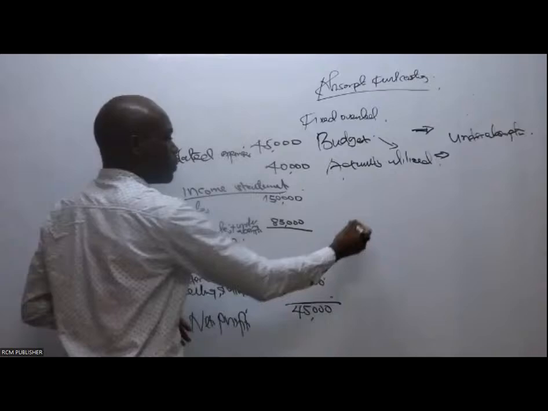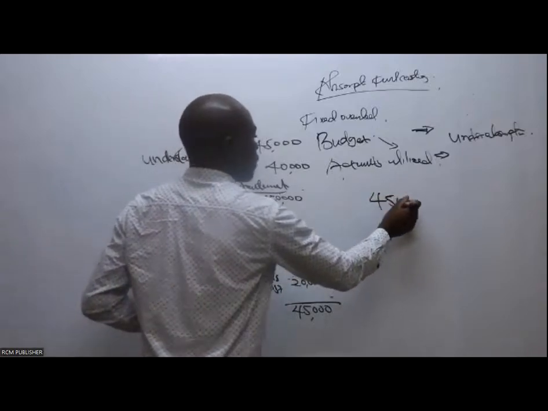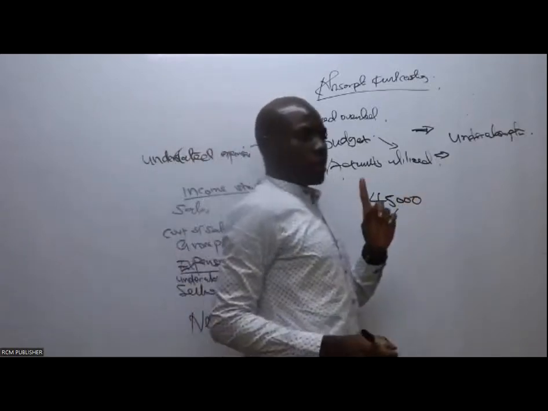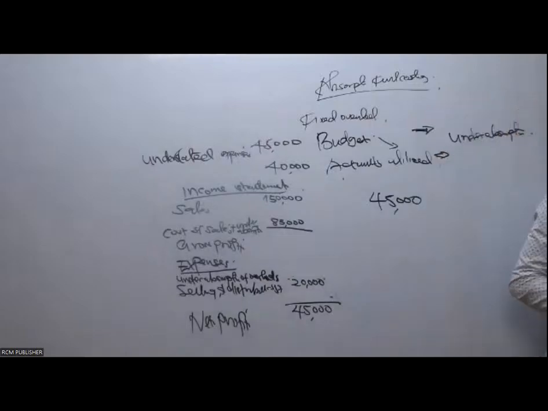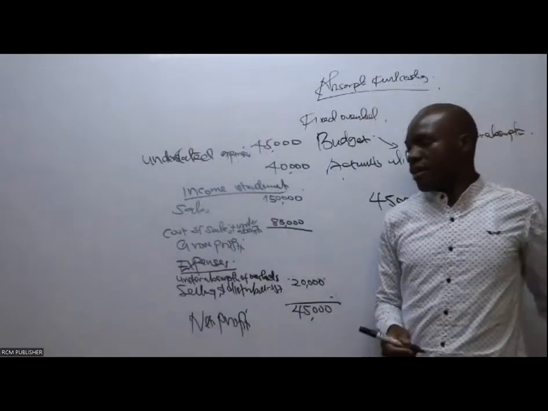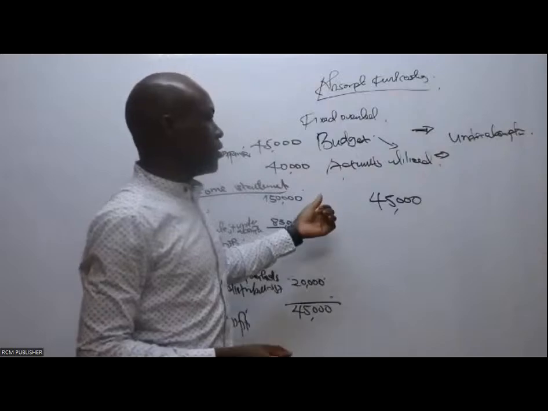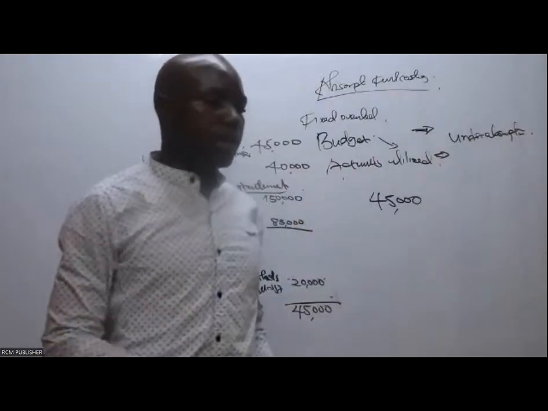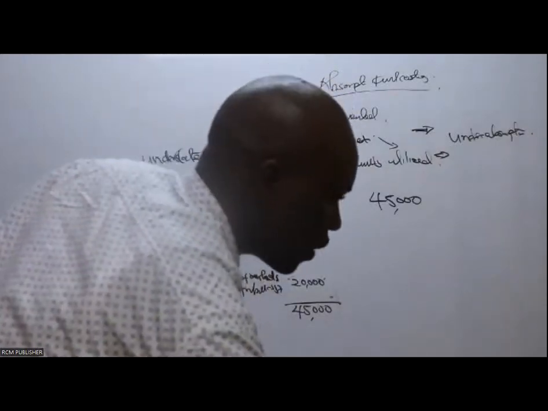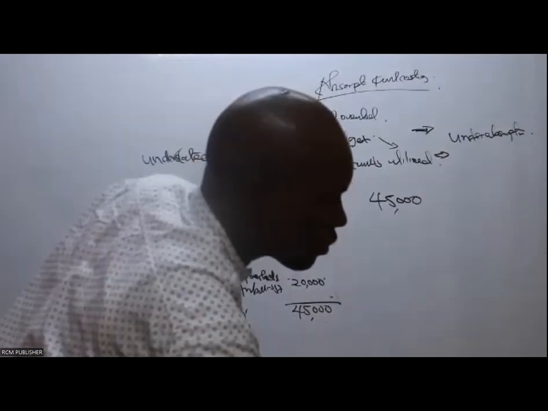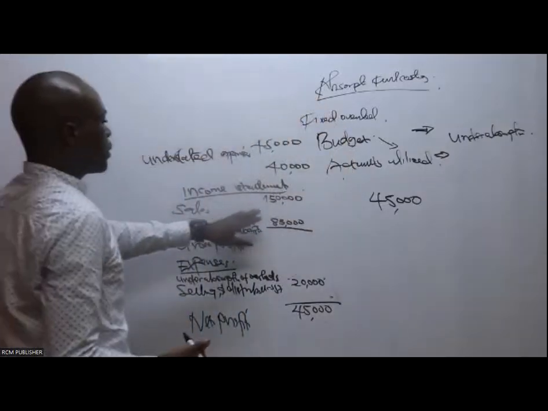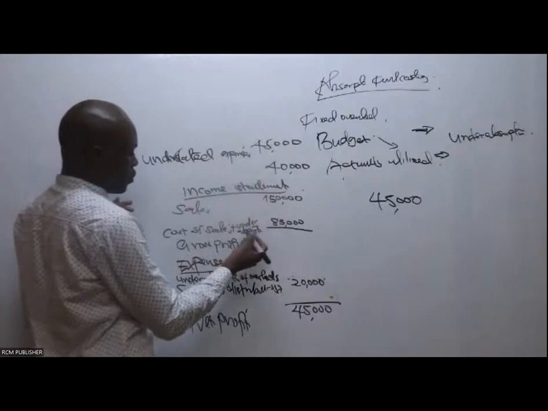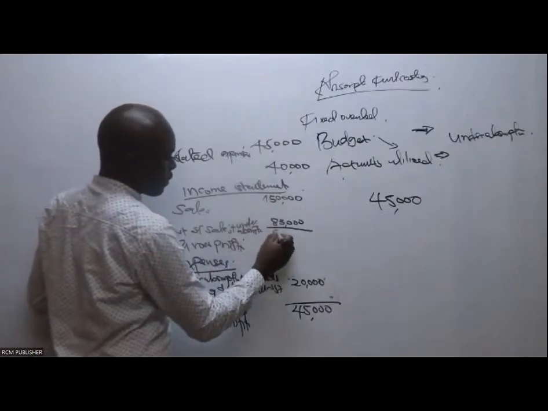The real net profit we've identified is 45,000. If we rectify the understated fixed cost there, at this point we now have gross profit as 65,000.